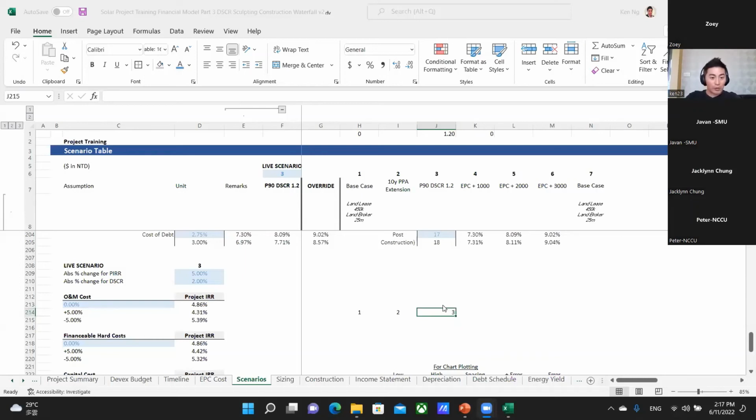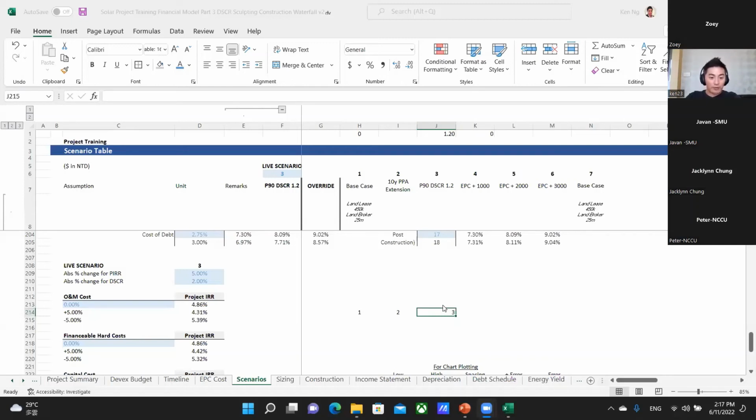D60 is the total equity that needs to be invested up to COD. So all the funding that we as the shareholder need to fund, but then we subtract how much money has already been spent, the 15.2.